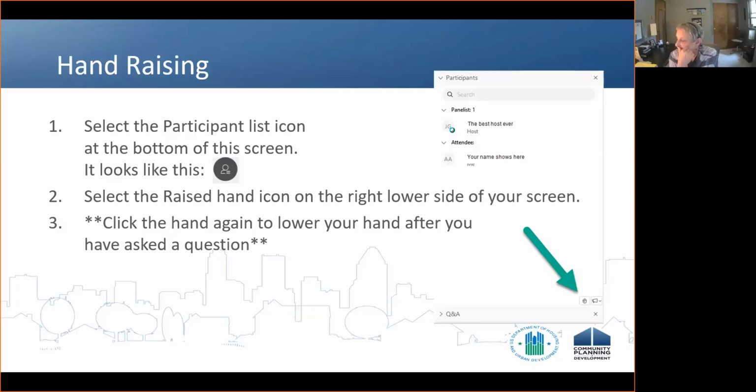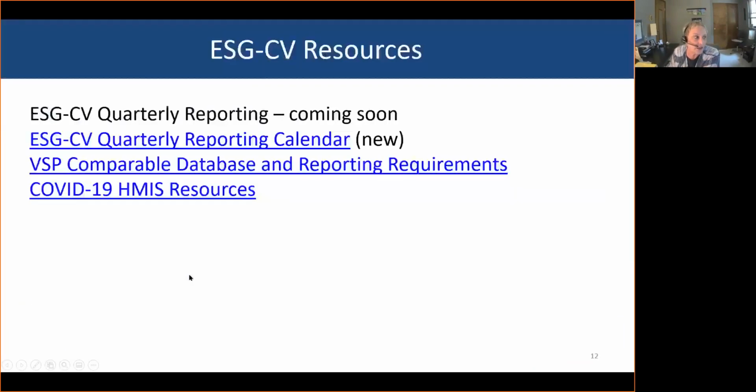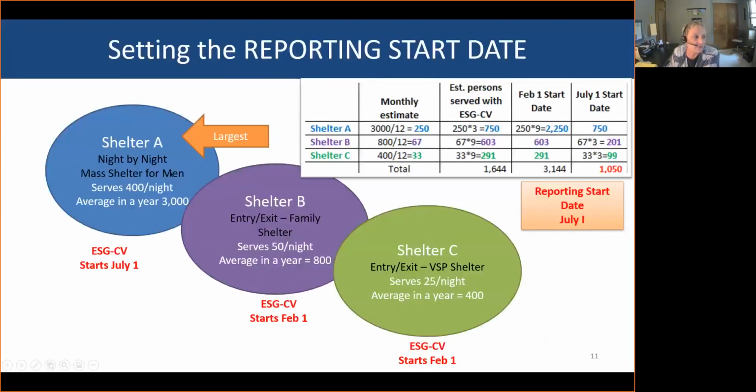The start date that you're calculating back here, when did the program start? We're assuming that if you funded it for July 1st, you funded it to start on July 1st.